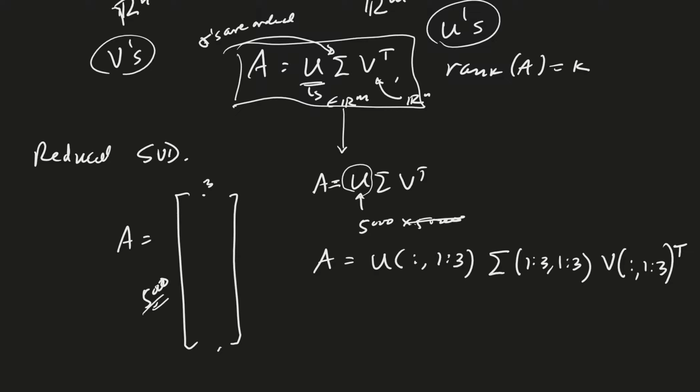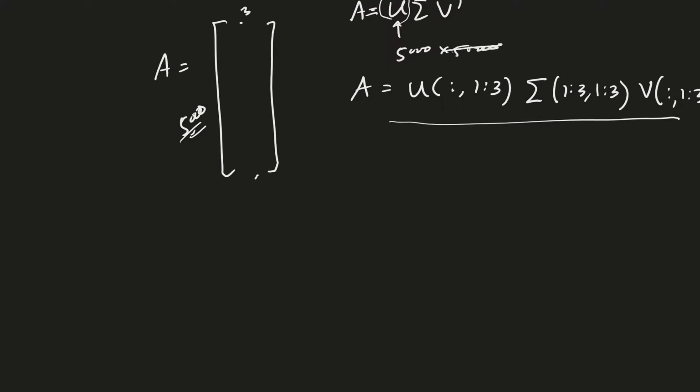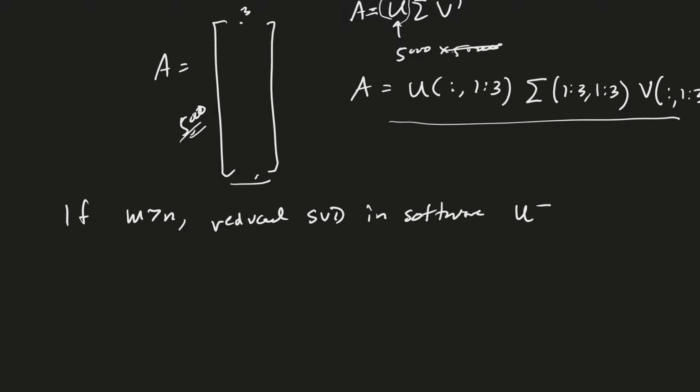Good. And so this is an example of the reduced SVD. Okay, so if M is bigger than N, so that we have a tall matrix, the reduced SVD that the computer is going to work with, reduced SVD in software, is typically going to be U tilde, sigma tilde, V tilde.